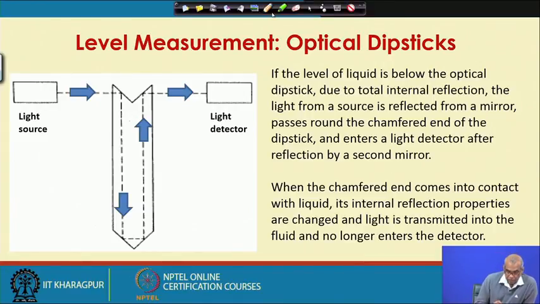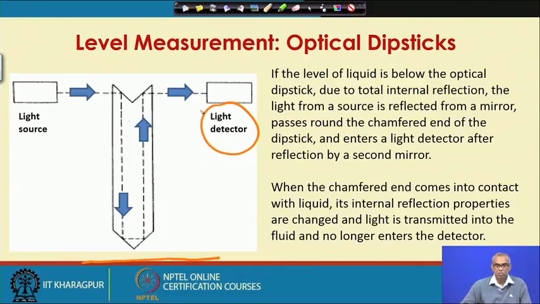So, if the liquid level is below the chamfered end of the dipstick, the light detector will receive the light. When the liquid level is above the chamfered end, or when the dipstick is in contact with the liquid, then the light will be transmitted into the fluid and the detector will not get the light.